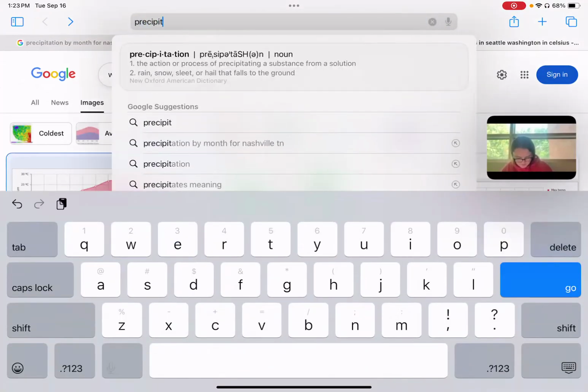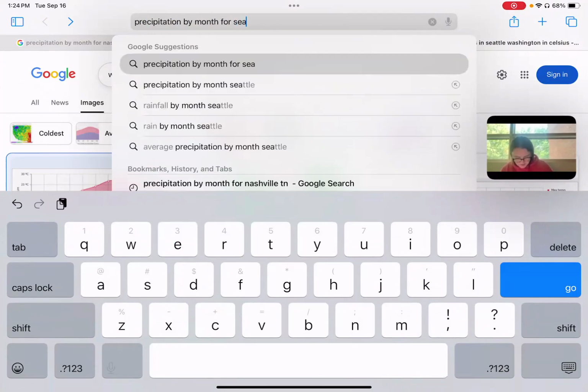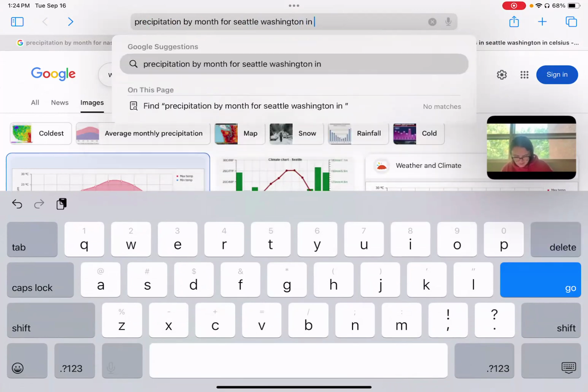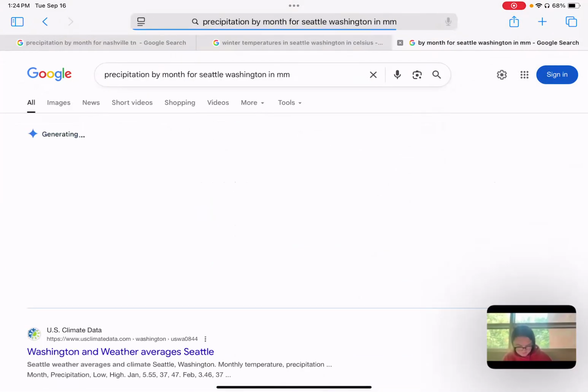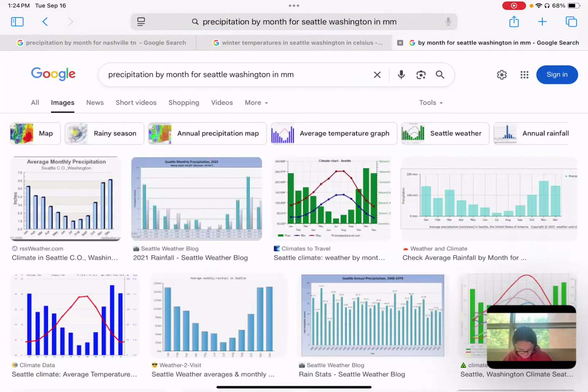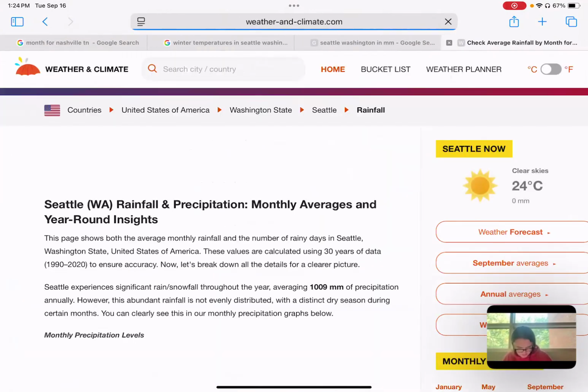Precipitation by month for Seattle, Washington, and we're going to specifically say in millimeters this time. See what we can get. Images, hopefully we can get something very close to last time. We can. Perfect. Great.